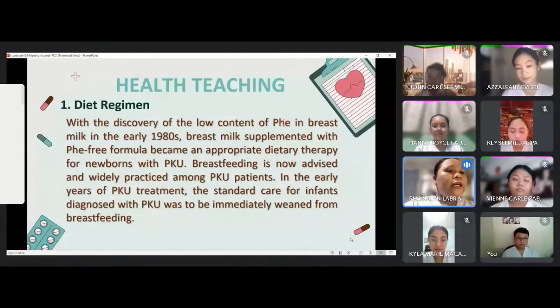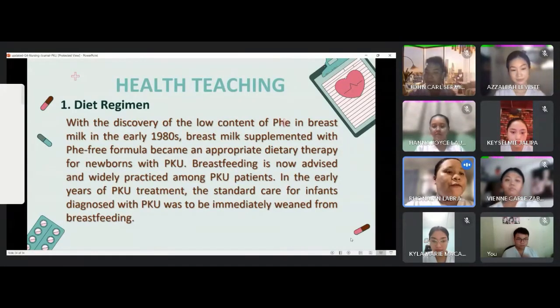With the discovery of the low content of phenylalanine in breast milk in the early 1980s, breast milk supplemented with phenylalanine-free formula became an appropriate dietary therapy for newborns with PKU.